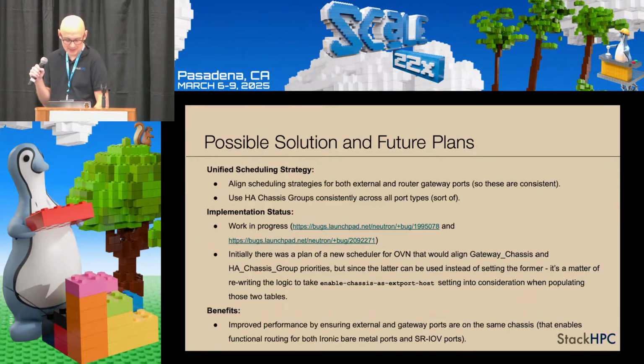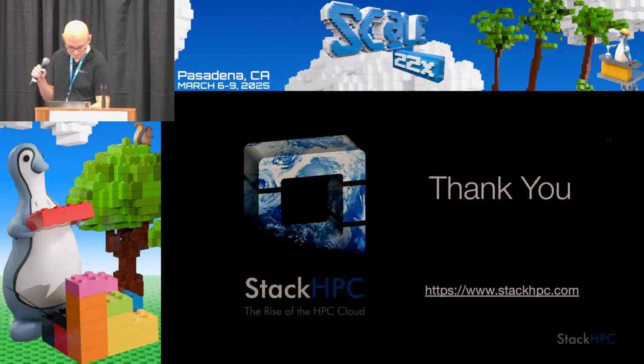So we're rewriting the logic to take into consideration whether enable chassis as external host is enabled in your environment. If so, we will do what Neutron is doing today. And if not, we would just set only HA chassis group, and then the L3 routing will work properly. Yeah. And that's it.